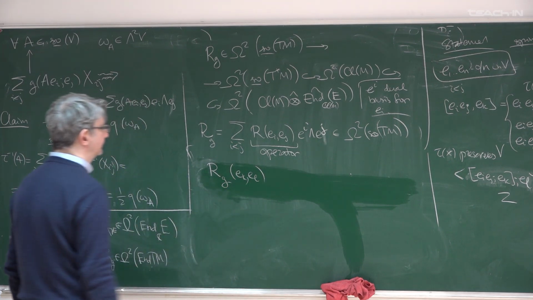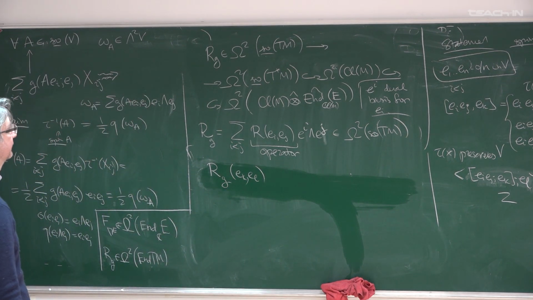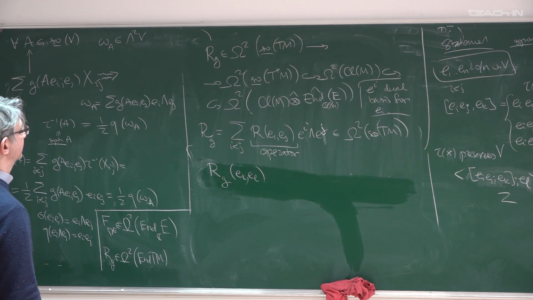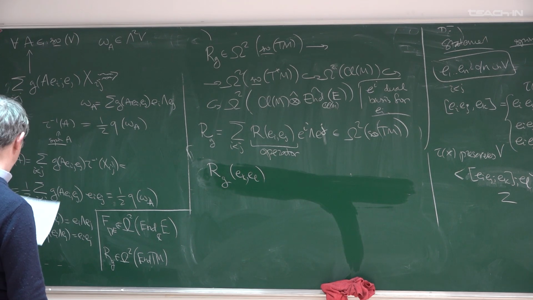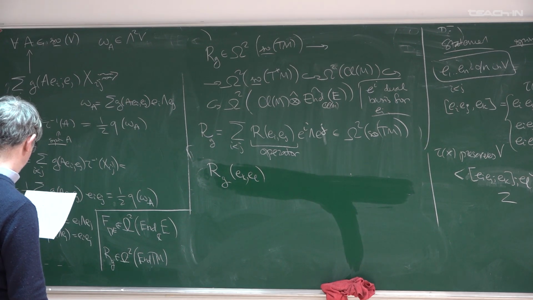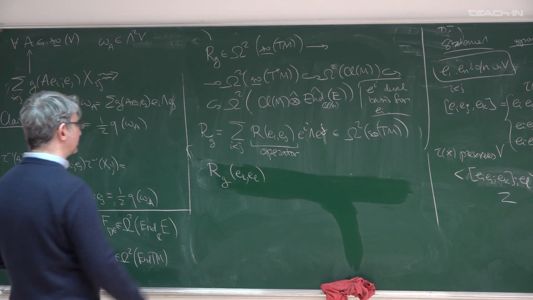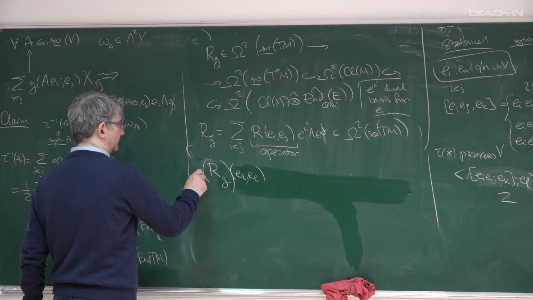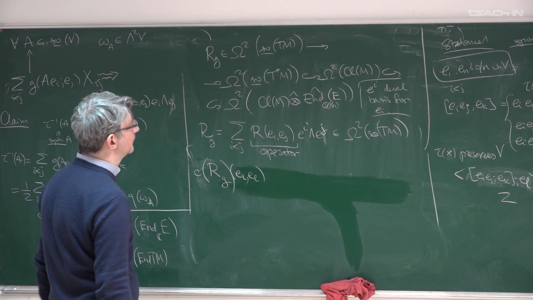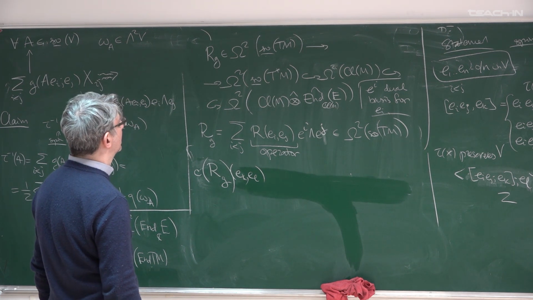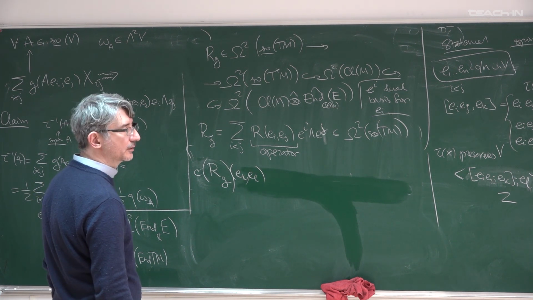How do we do it? c goes from where to where?